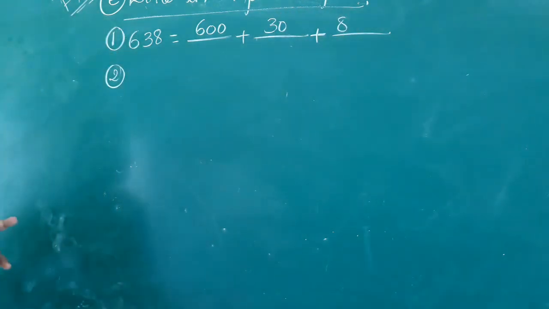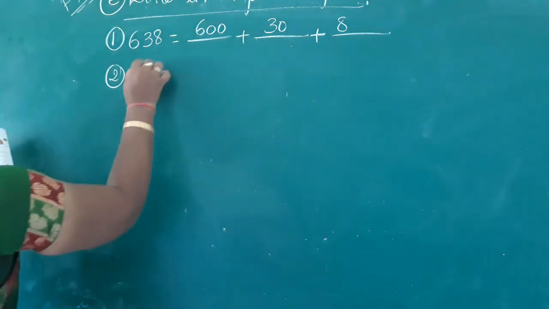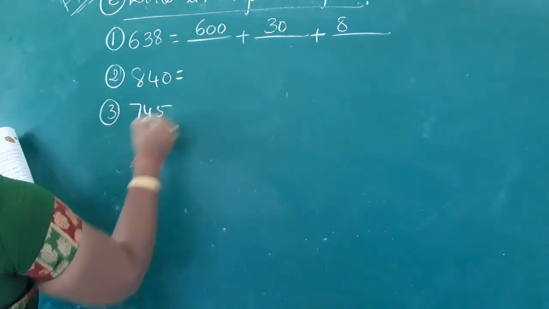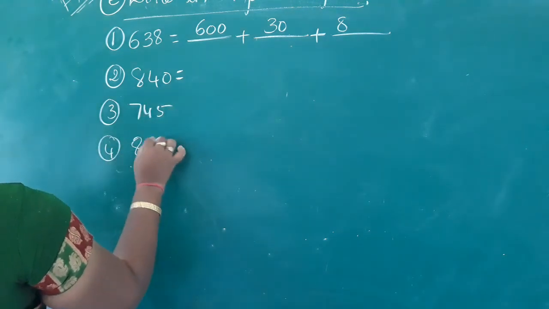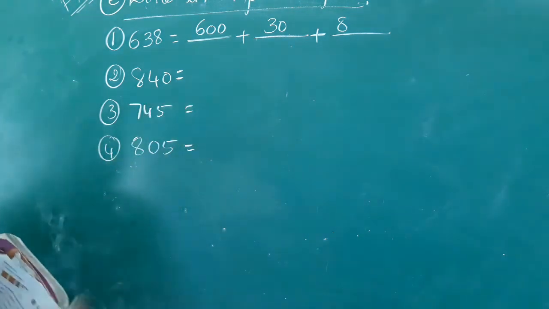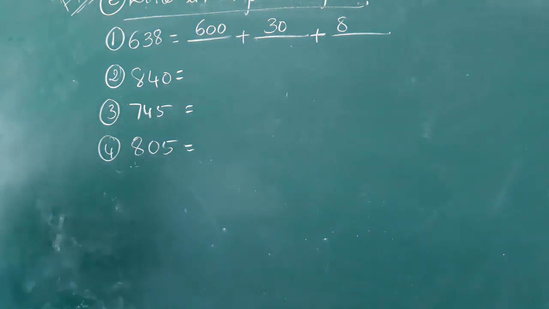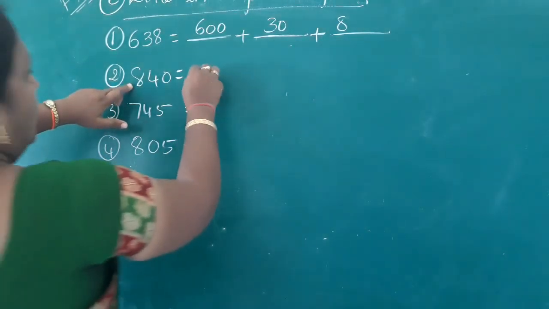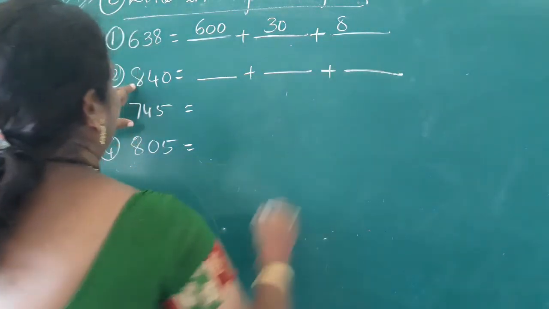Second one, 840, 745, 805. Look at this one, children. Listen carefully. See here how many hundreds, how many tens and how many ones.